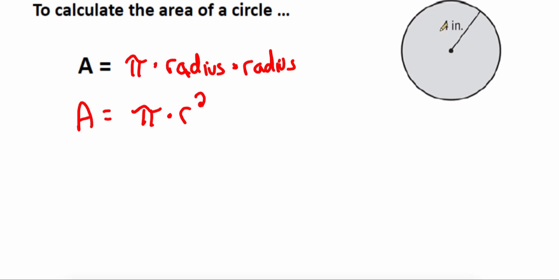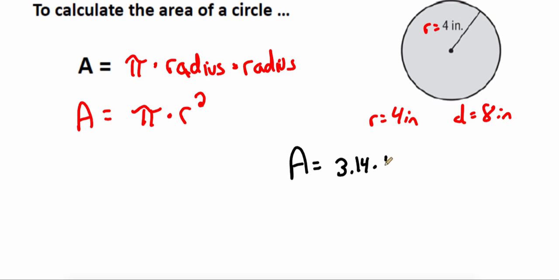So in our example here, our radius is 4 inches. That means the diameter would be 8 inches, but I'm forcing you to write that down to make sure you really are using your radius in your calculation. So to find area, I'm going to do pi, 3.14, times the radius squared.